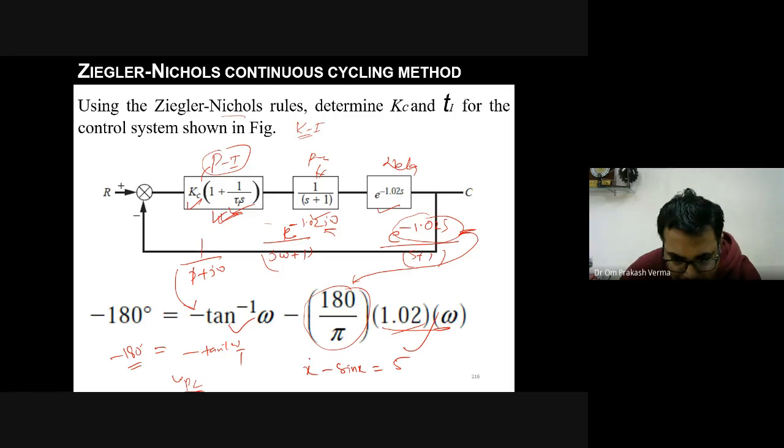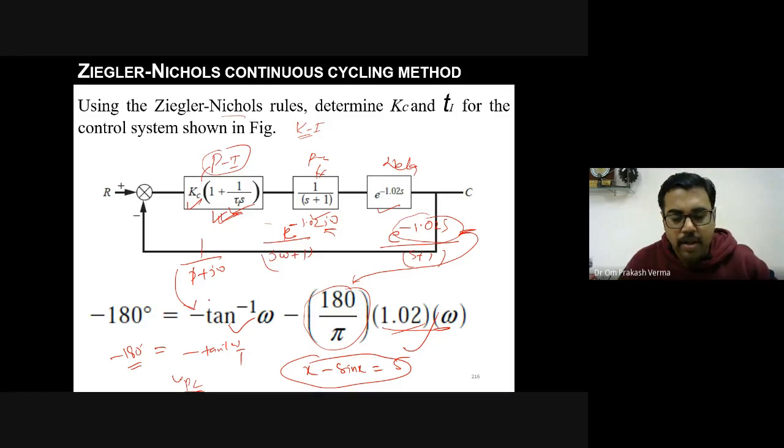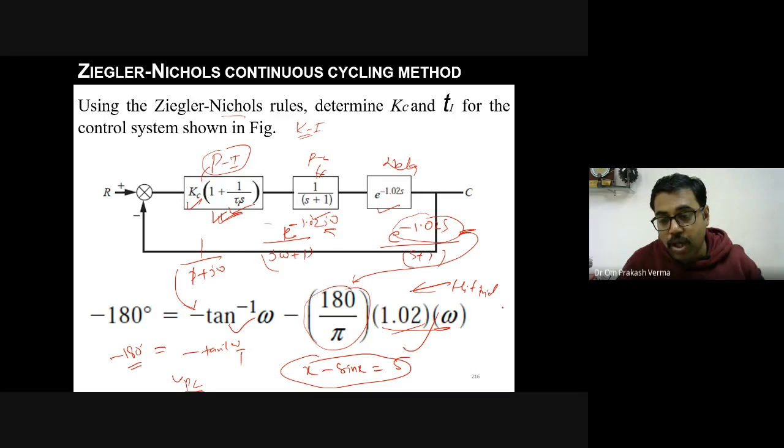Is it very easy to solve this equation? No sir, we can apply a numerical method, or a hit and trial method. Yes, you can apply either the numerical method or the hit and trial method, right?